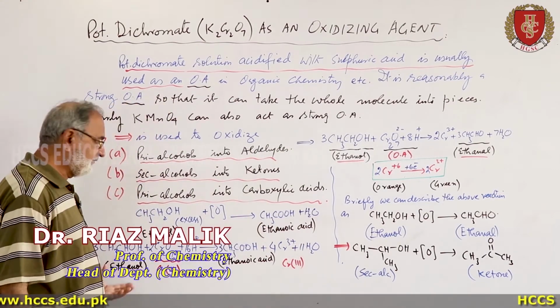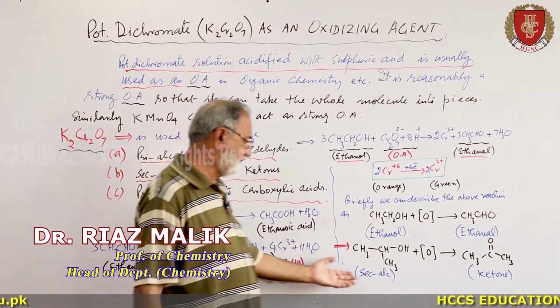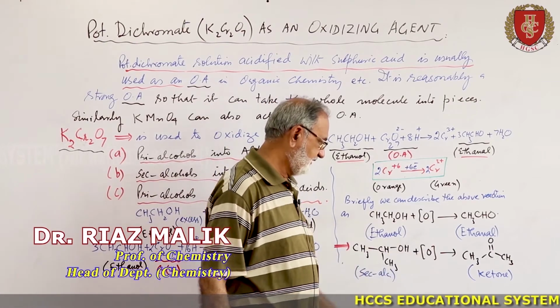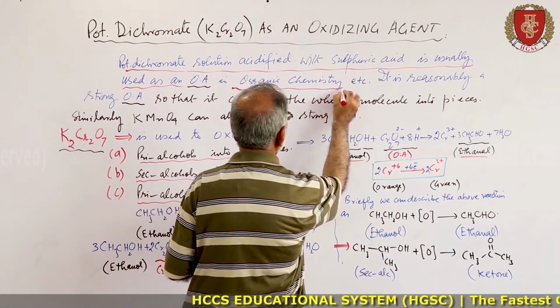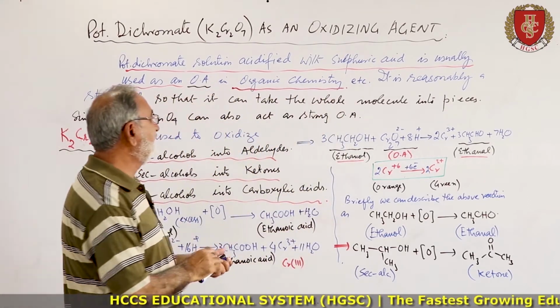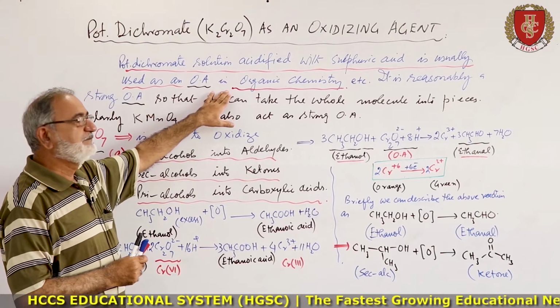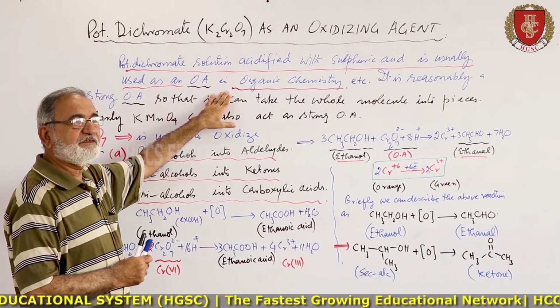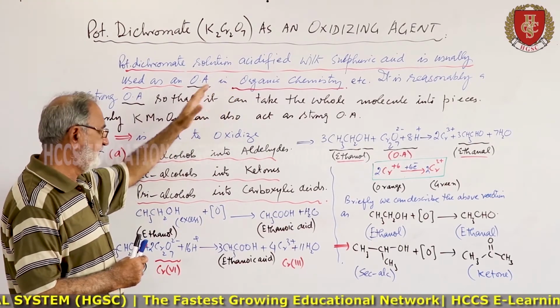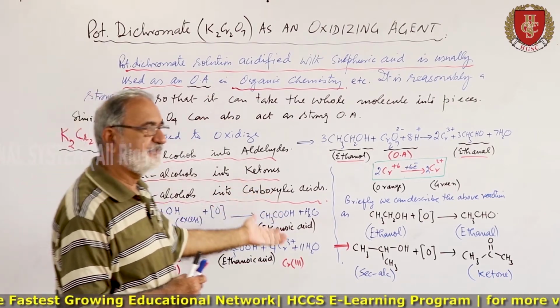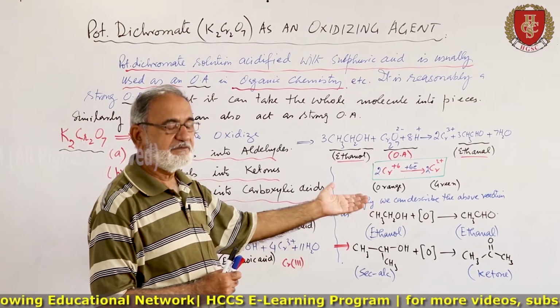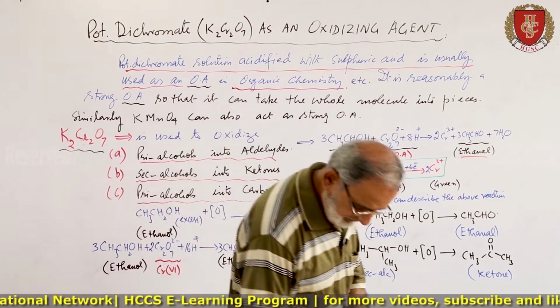And this is the equation for the whole oxidation, and this is for the secondary alcohols into the ketones. These are the reactions which are utilized for the oxidation of compounds in organic chemistry. That is, alcohols can be oxidized, aldehydes can be oxidized, or the secondary alcohols can also be oxidized.